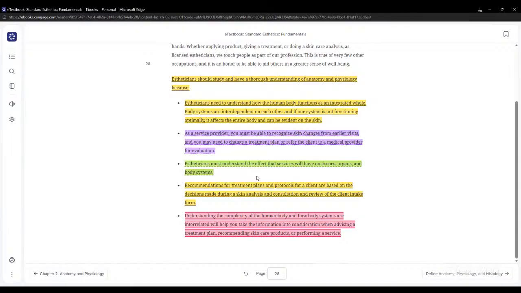If someone is doing a vajacial, which is a mini facial on the vagina area, of course there's cleaning, but what you really have to think about as far as cosmetics and products is: am I going to use an exfoliator?